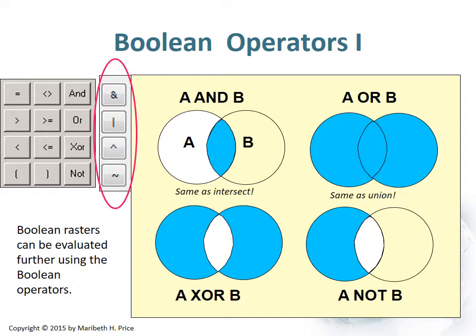A and B means that it must meet both conditions in order to be true. That's the intersection. A or B is the same thing as a union. That means all of A or all of B can be true.